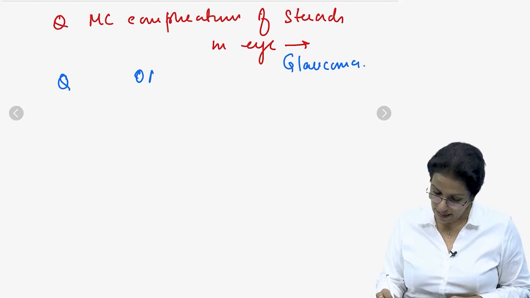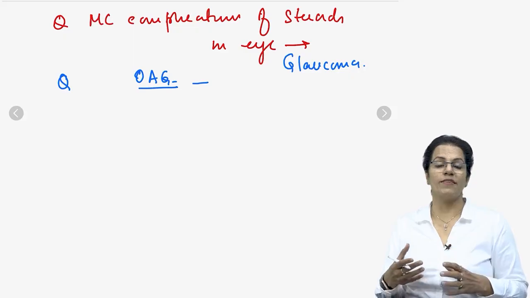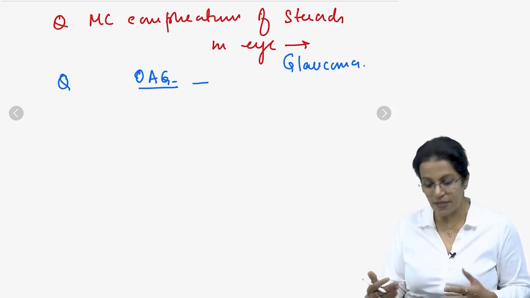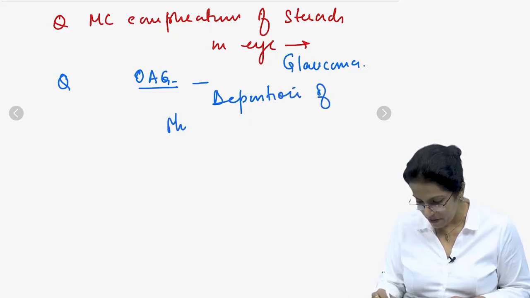It is always open angle glaucoma. I've taught you, open angle means there's blockage in the trabecular meshwork. What is causing this blockage? It is deposition of mucopolysaccharides in the trabecular meshwork.